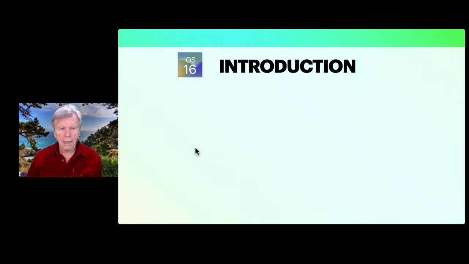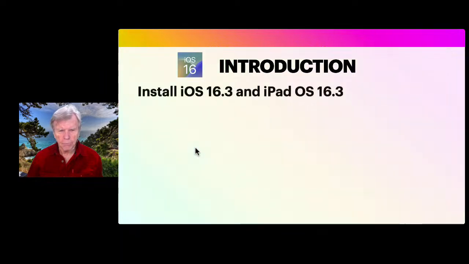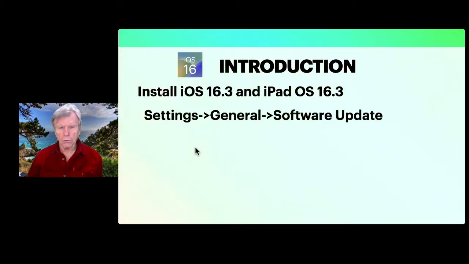So we're going to do that today by introducing you to some of the features in iOS 16. Of course, to take advantage of these features, you have to install it. This is about iOS 16 for the iPhone and the iPad. To install it, you would go to Settings, General, and then Software Update.